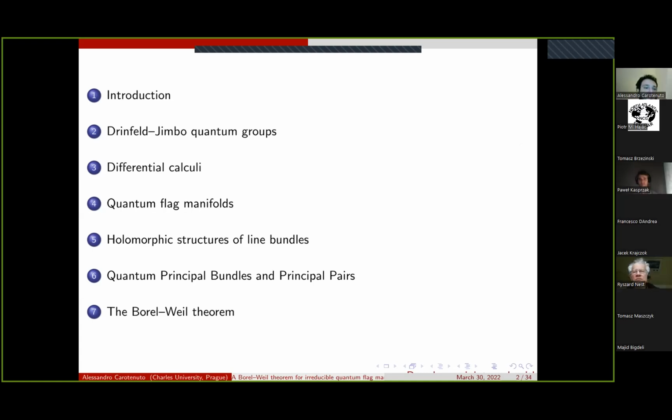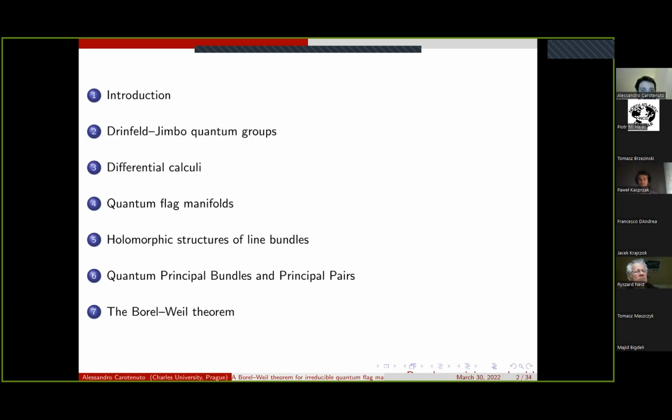So I will discuss Drinfeld-Jimbo quantum groups, then differential calculi, and we will go to the specifics of quantum flag manifolds. Then we will talk about the holomorphic structure and the line bundles, and all of this is just to introduce all the machinery that we need to talk about the Borel-Weil theorem in this context.